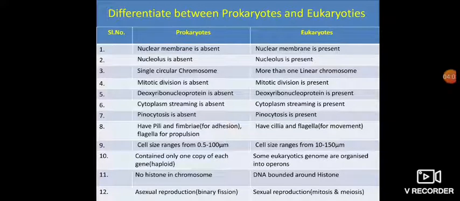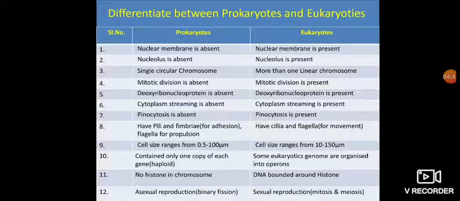Mitotic division is absent in prokaryotes and present in eukaryotic cells. We already know that mitotic and meiotic division is commonly observed in eukaryotic cells. Asexual reproduction is observed in prokaryotic cells and sexual reproduction in eukaryotic cells. About the DNA, deoxyribonucleoprotein is absent in prokaryotic cells but present in eukaryotic cells.